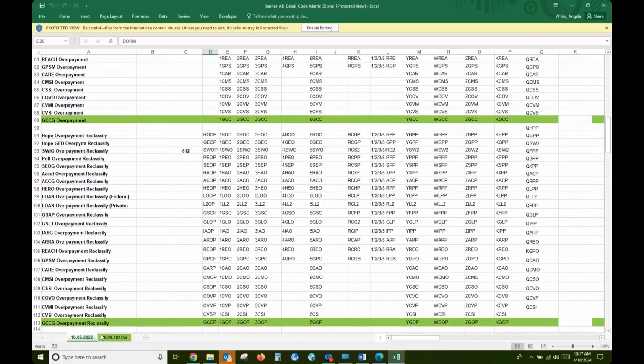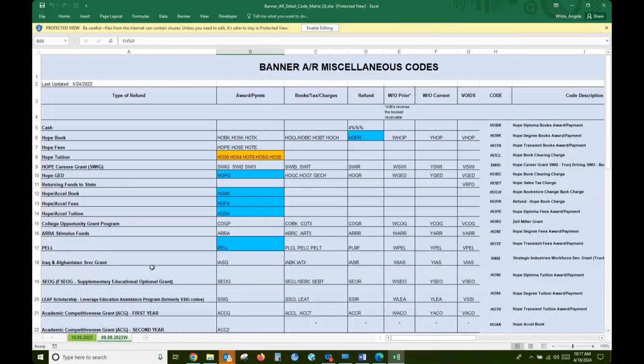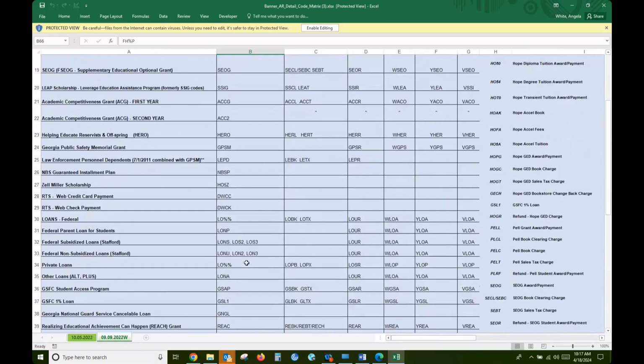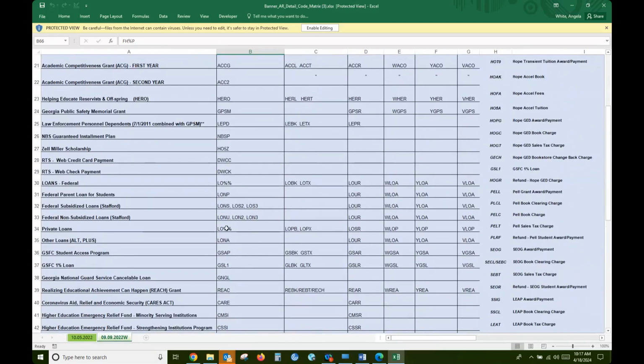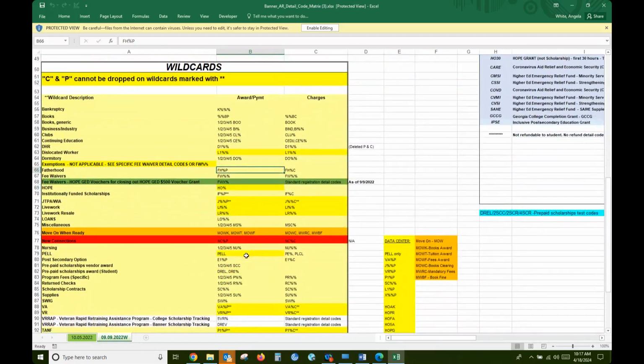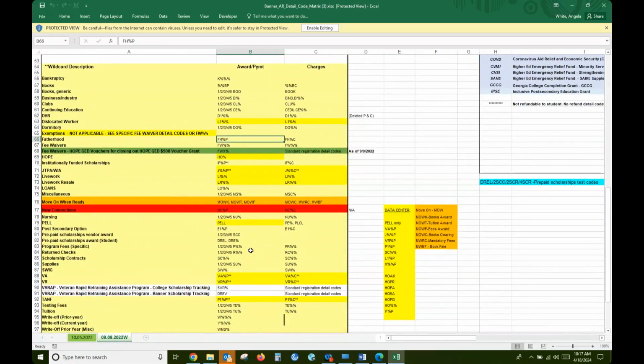Then the second tab right here is your wildcard tab, but it's also your awards and payments tab. So this is your awards and payments for all of our financial aid fund sources that we have, and a few other things in between. And then down at the very bottom, like we just talked about, is your wildcards that you're allowed to use.